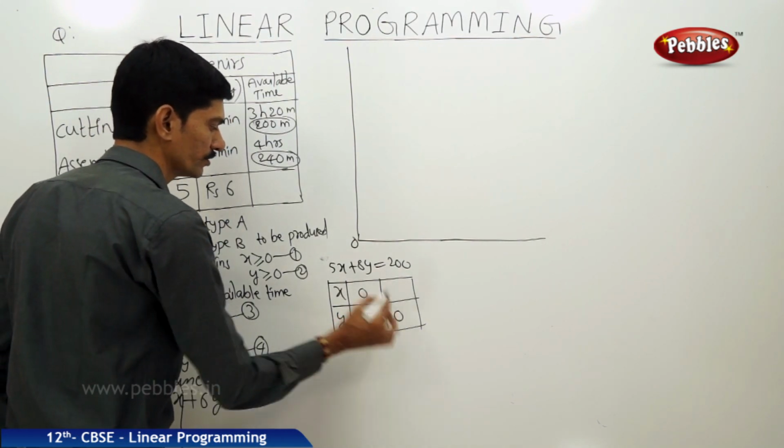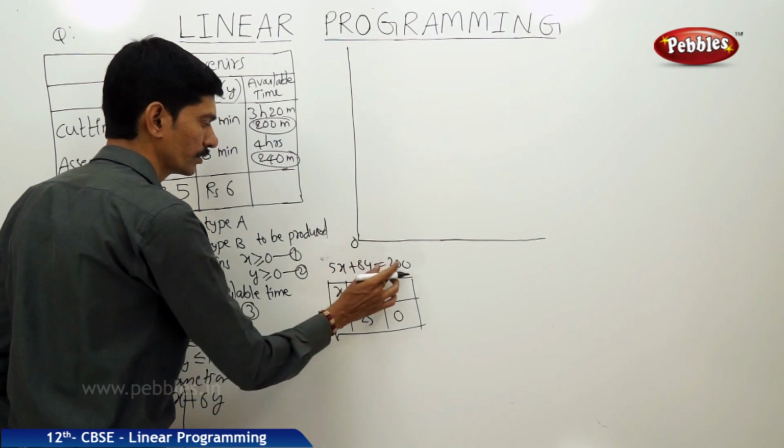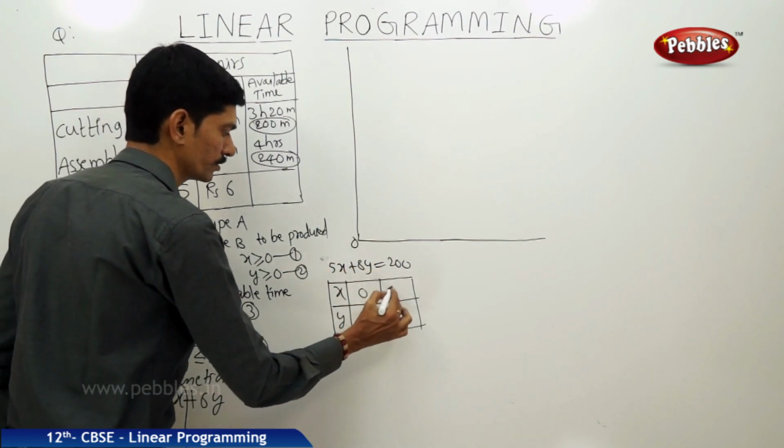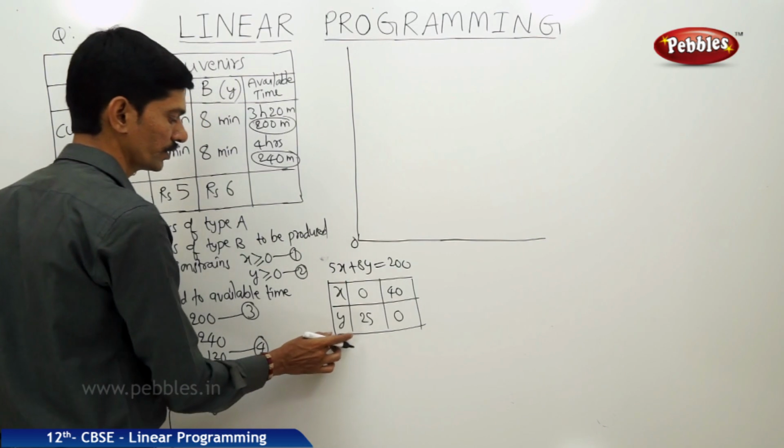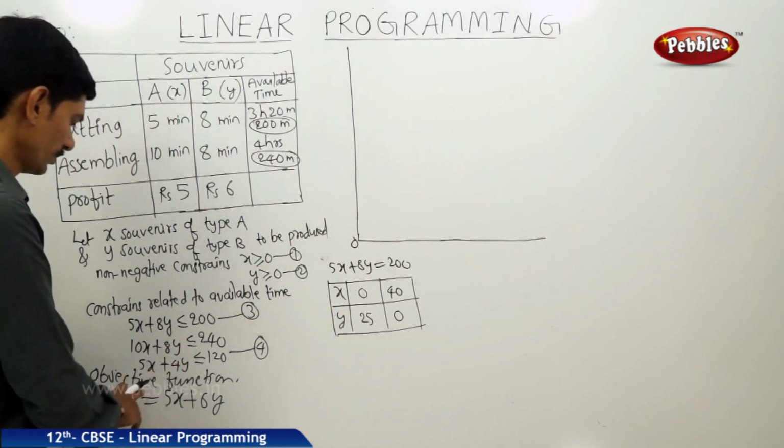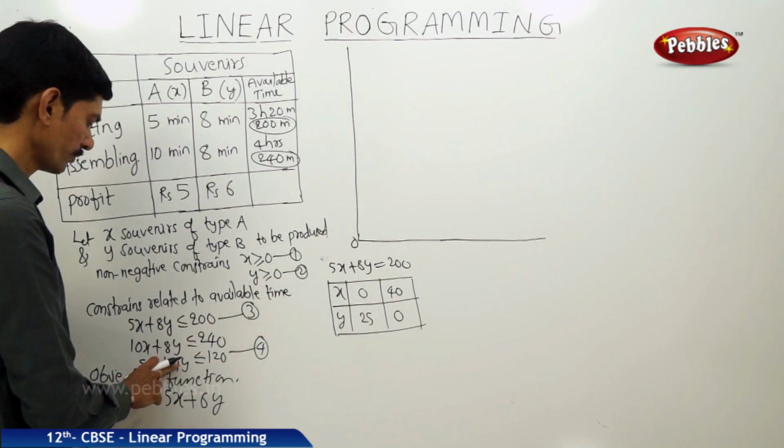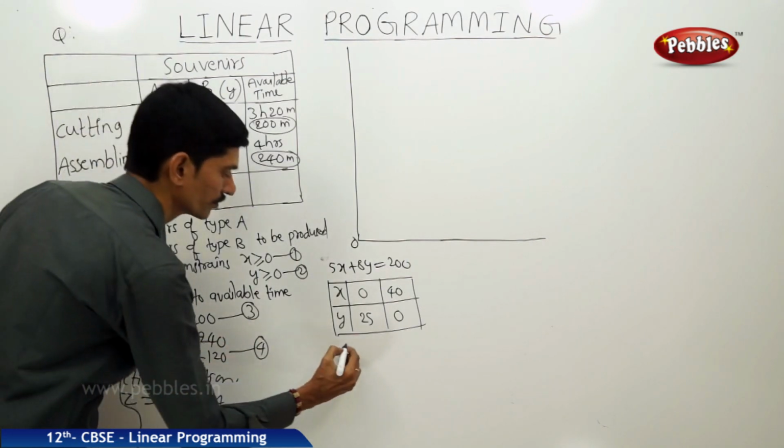If you take y value 0, then 5x equal to 200, then x value is 40. Now the next one is 5x plus 4y equal to 120.